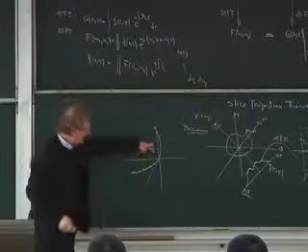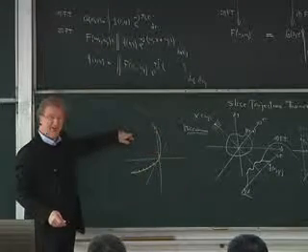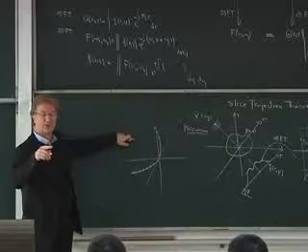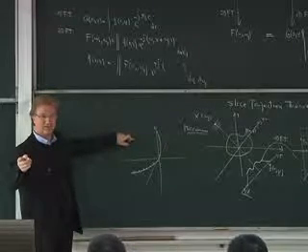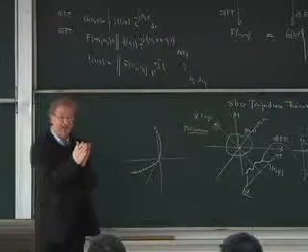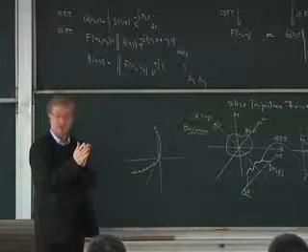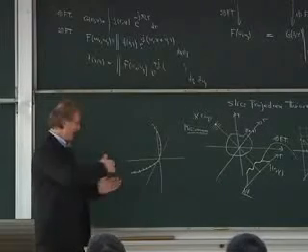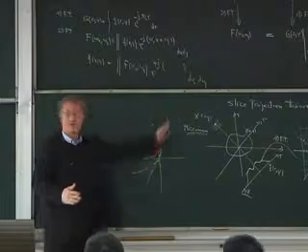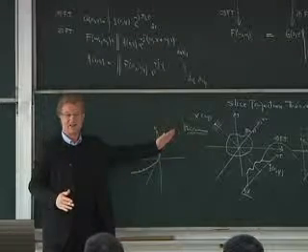And the diameter of this semicircle is inversely proportional to the wavelength. You can understand that for X-rays, the wavelength is very short, so the diameter of this circle is huge, and this becomes a straight line.